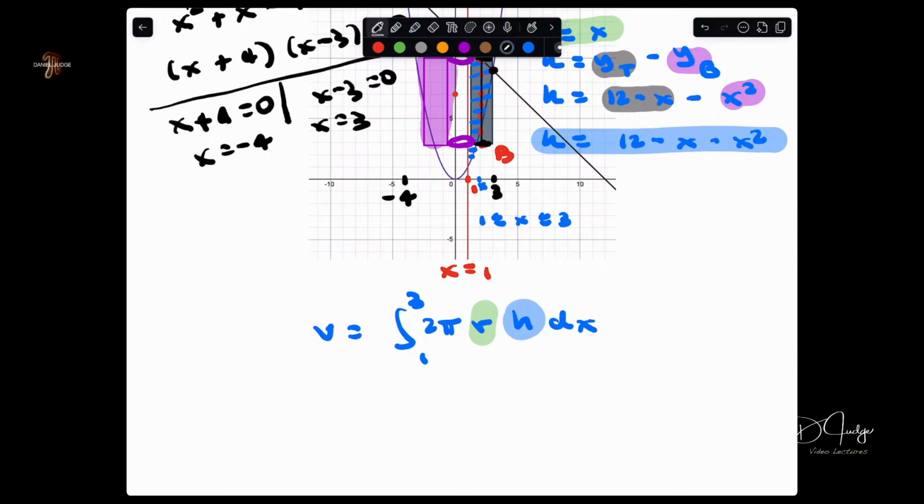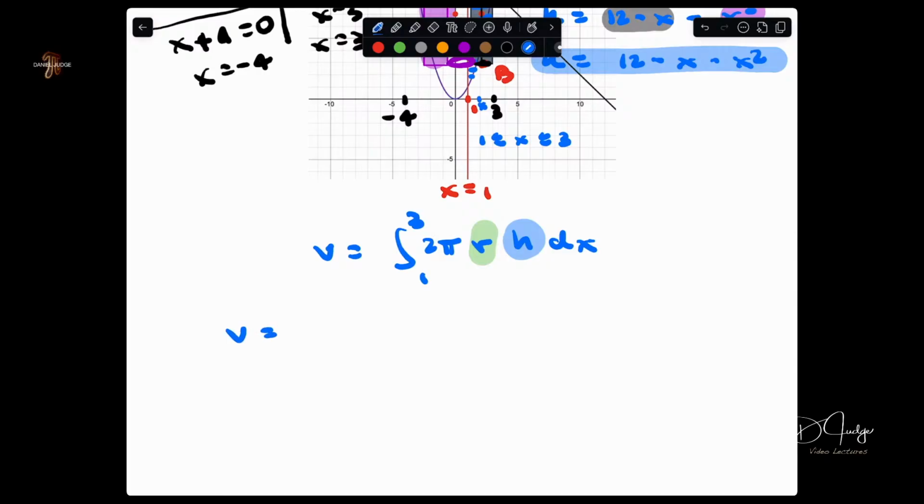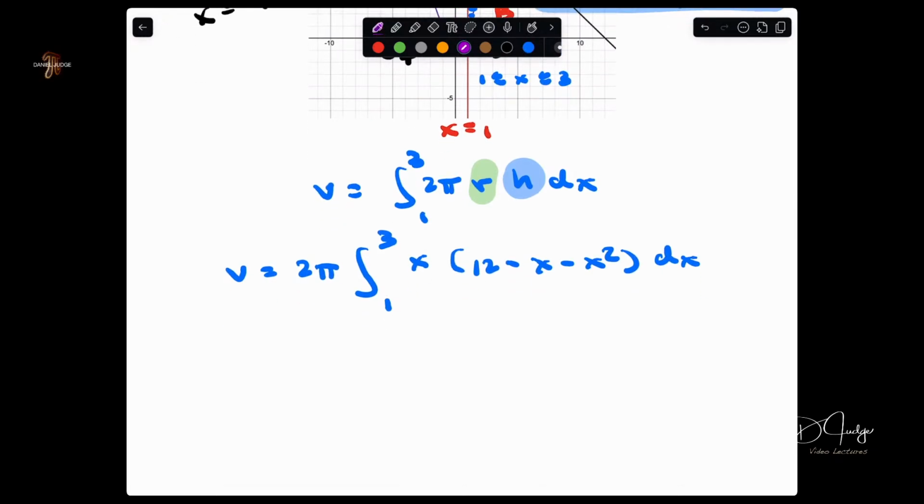So let's plug everything in. Let's bring out, if you will, the constant 2 pi. And we're going to integrate from 1 to 3. Your radius is x, and that height will be 12 minus x squared dx. And now you're going to do your algebra. You're going to distribute.